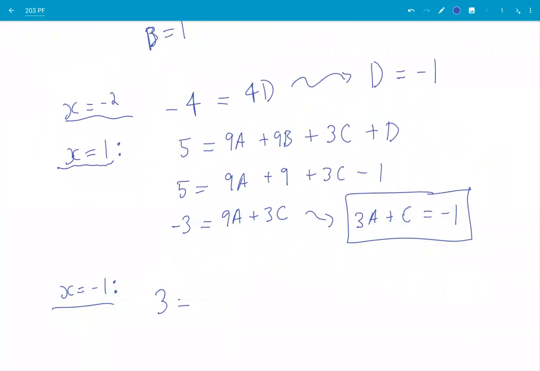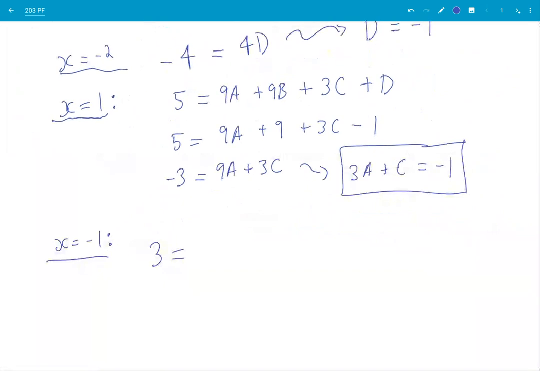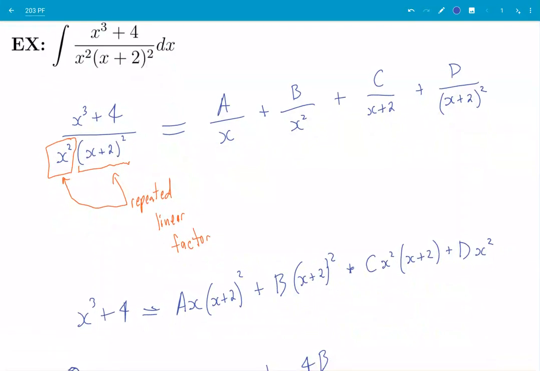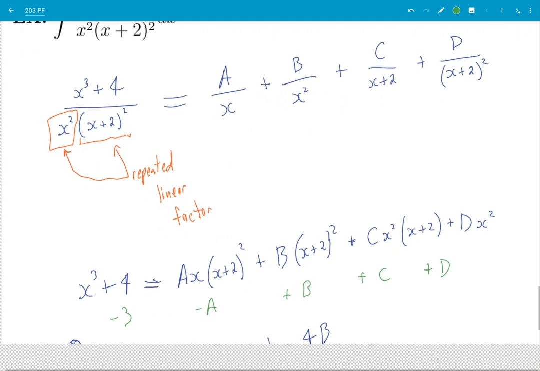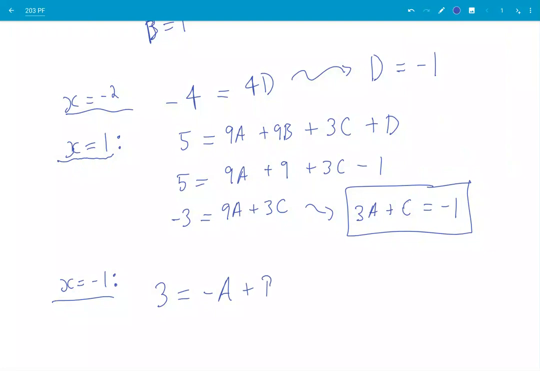So I get 1 times negative 1, so negative a, negative 3, plus b plus c plus d.